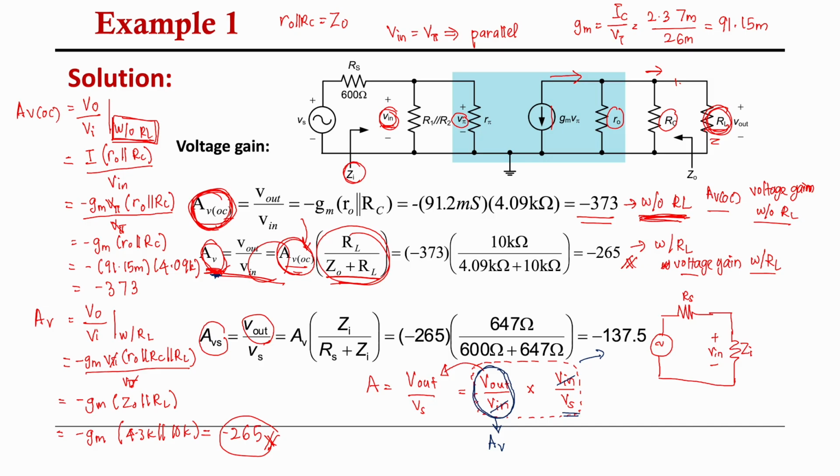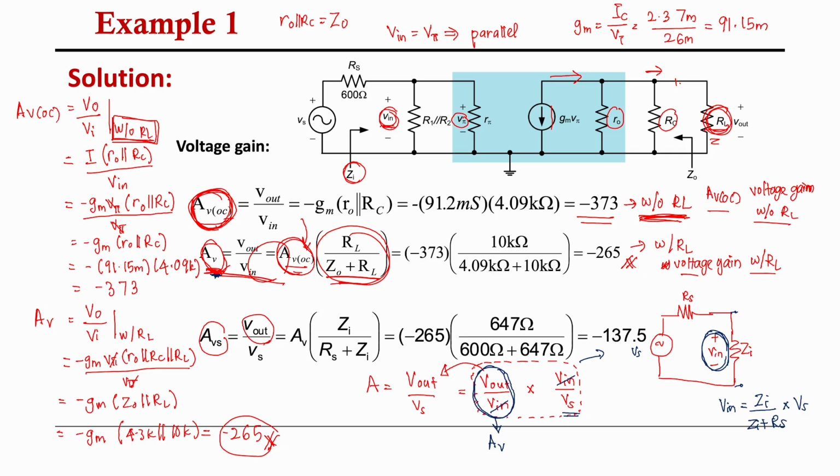V in is actually equal to, if we look here, we can use a voltage divider, which is Z in over Z in plus Rs multiplied by Vs. This is actually a voltage divider, like the Thevenin voltage we have used before, to find the voltage across here.